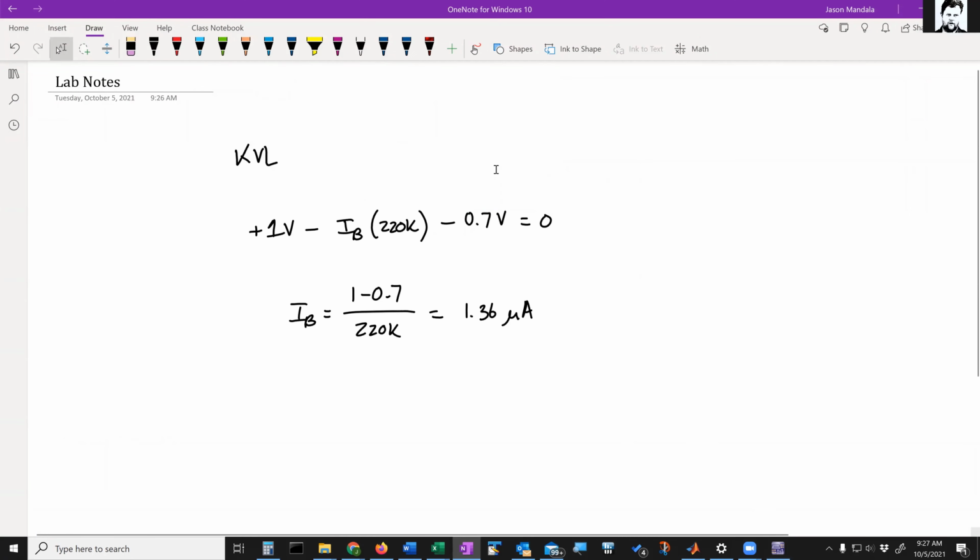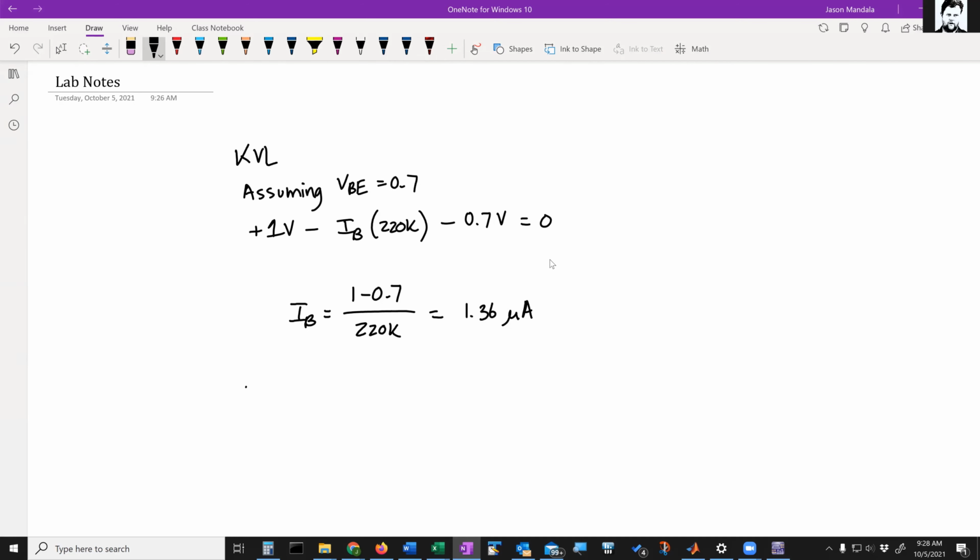So that's a pretty significant error, but I think you can see that it probably depends a lot on this 0.7, right? We know that if you're barely turning the transistor on, then the voltage drop will be closer to the 0.5, 0.6 area. And you can see if I change this calculation, this was all assuming that VBE is equal to 0.7, right?